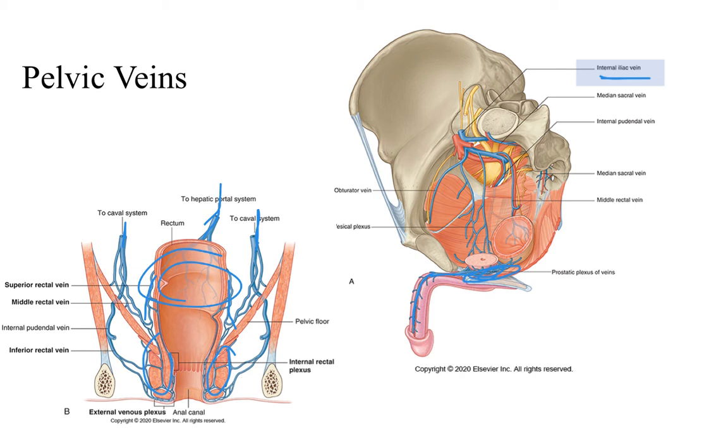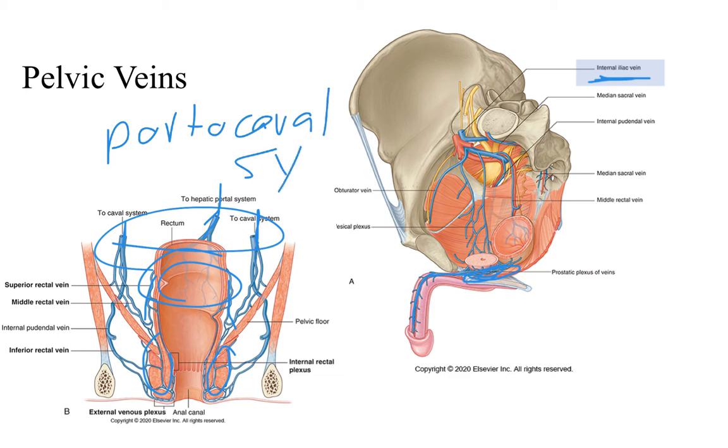And so these areas that are different from what we talked about going to the internal iliac vein are part of what we call the portocaval system.